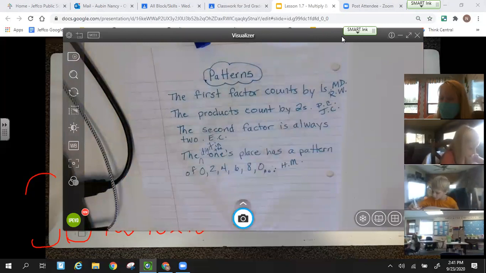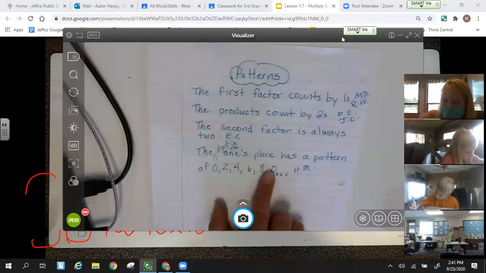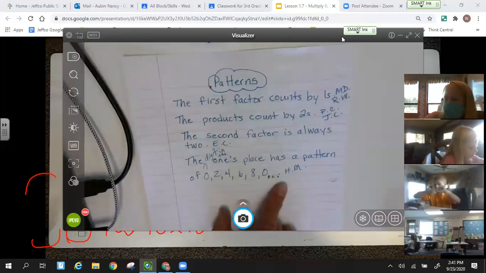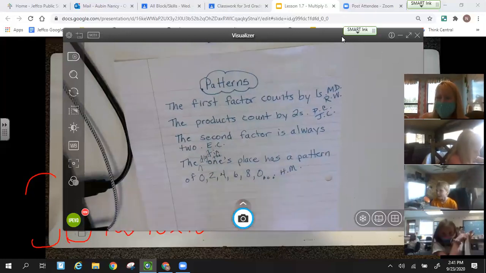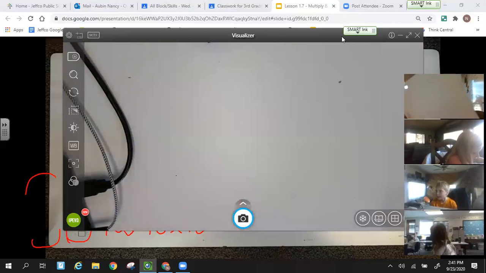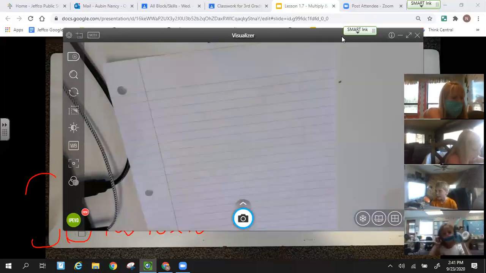That was Ellie. And then we said that the digit in the ones place had a pattern, and that was Henry Morgan. It was 0, 2, 4, 6, 8, and 0. So we've been doing lots of patterns. So today we're going to continue with that.